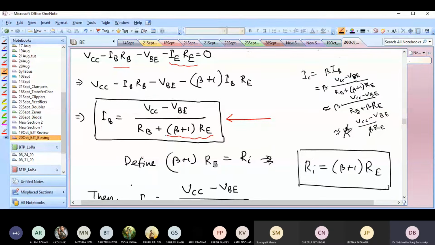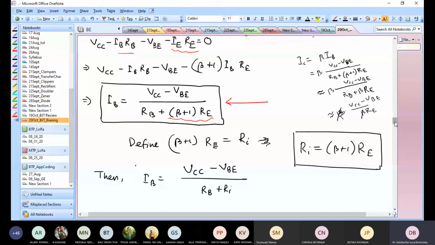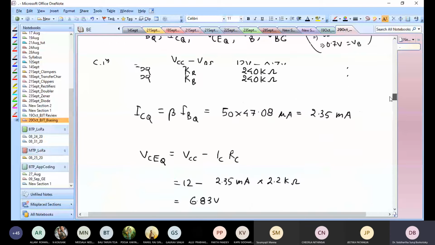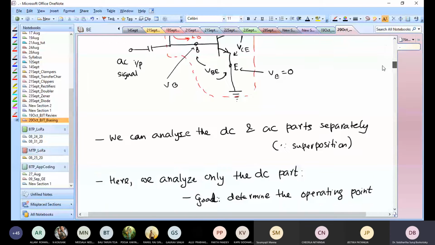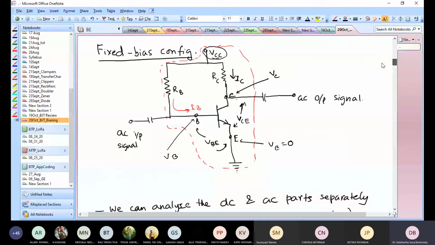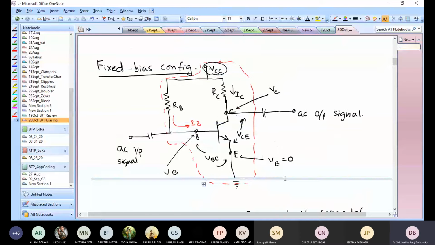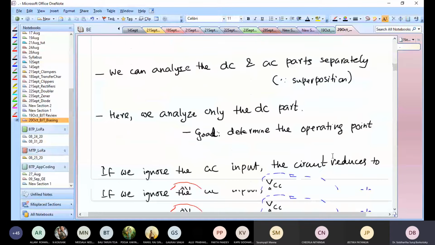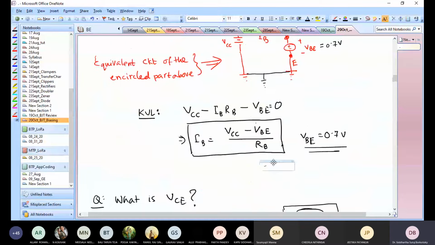On the other hand, if you take the fixed bias configuration, what happened there? In the fixed bias configuration, your IB is (VCC - VBE)/RB. So what is IC now?